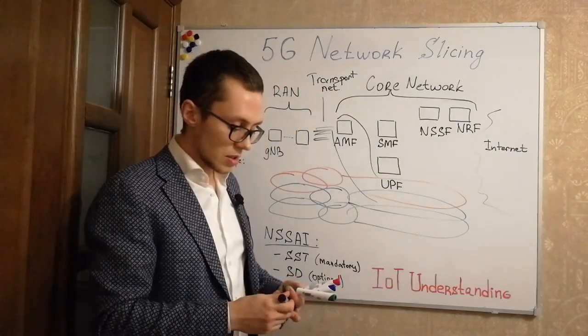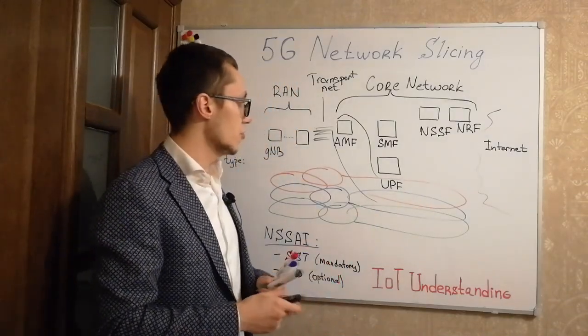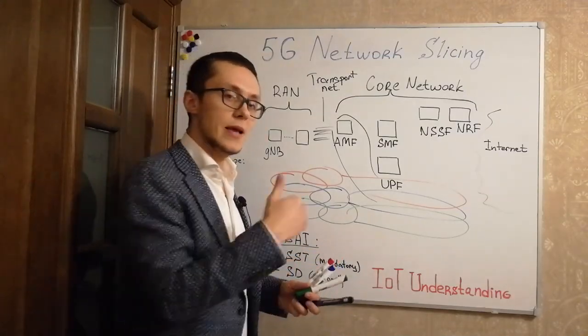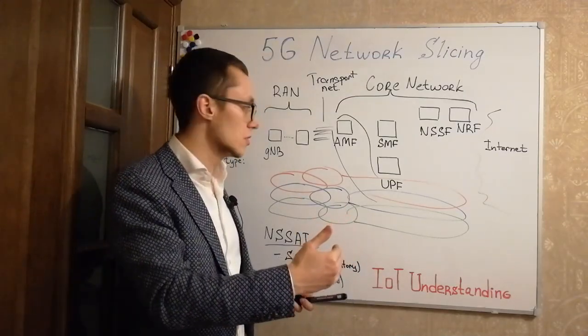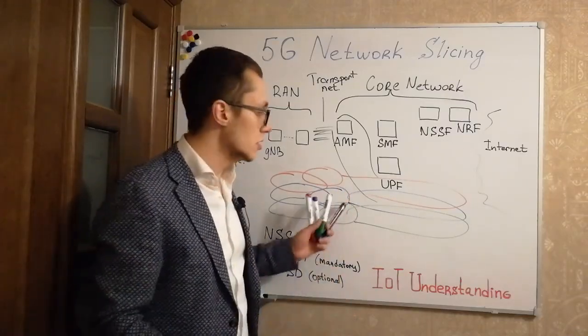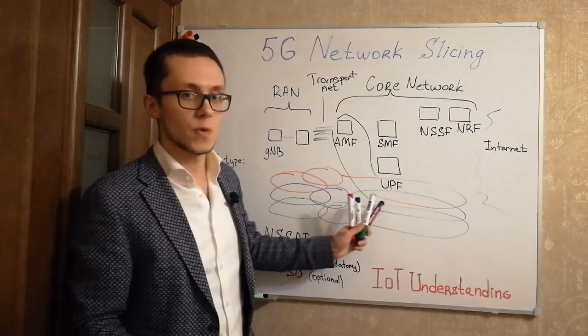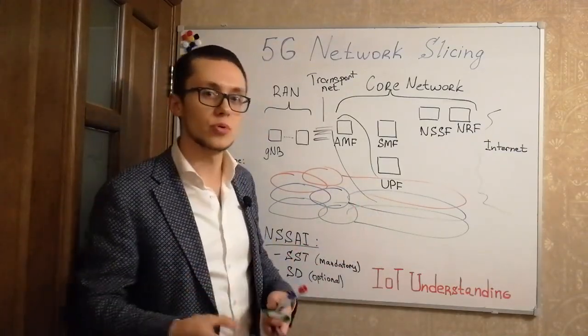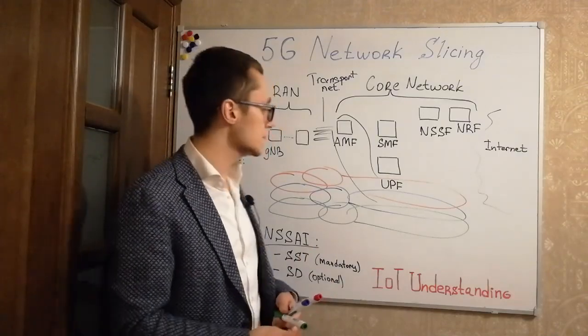I guess it is for the reason to operate and manage access to this slice, to establish a session in each slice with some special requirements for latency, throughput, security.